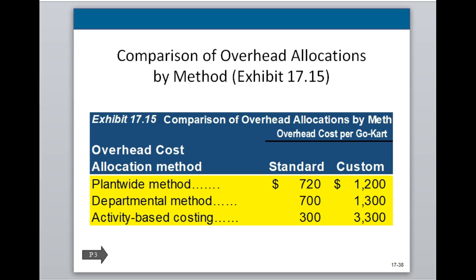And that makes a little bit of a difference here. Looky here. All of a sudden, using the plant-wide method, it was $720. And if we use the activity-based method, it's only $300. And most likely this activity-based is more accurate for the standard.